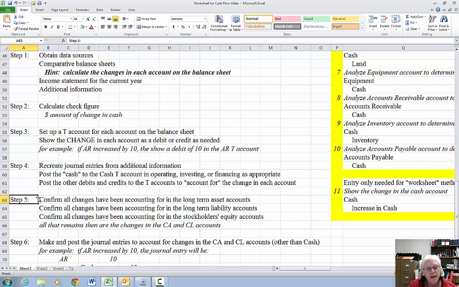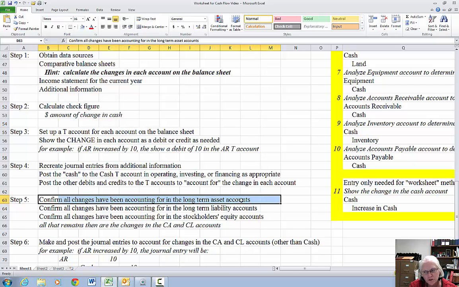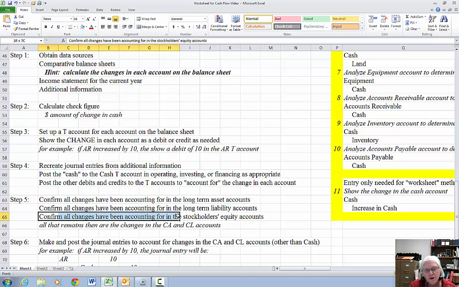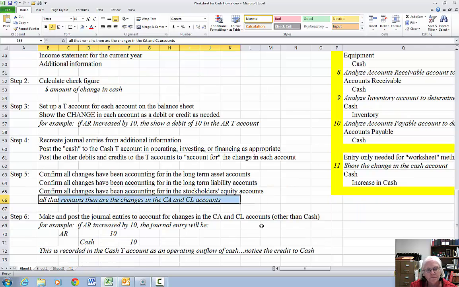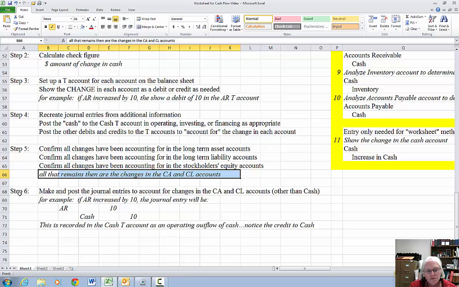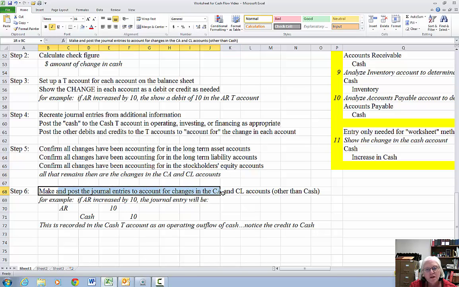Okay, after that, you want to confirm that you have every change made for your long-term asset accounts. Confirm that every change is made in the long-term liability accounts, and confirm that all the changes have been made in the stockholders' equity accounts. So the only thing that you haven't checked and probably is not done yet are the changes in current asset and current liability accounts. So what you're going to do with those is make and post the journal entry that accounts for the change in those current accounts.